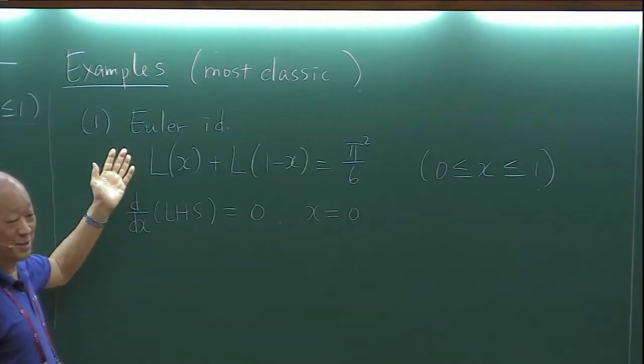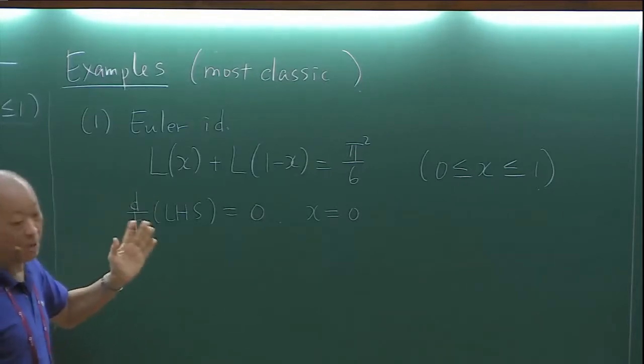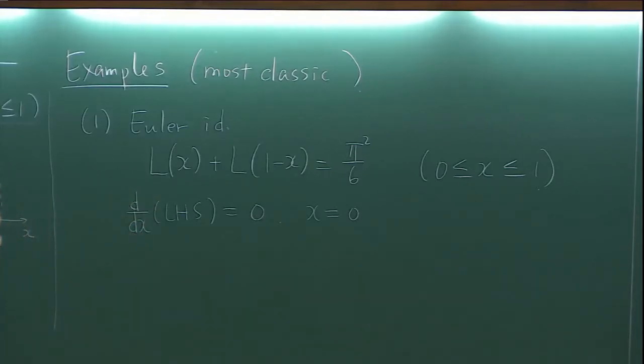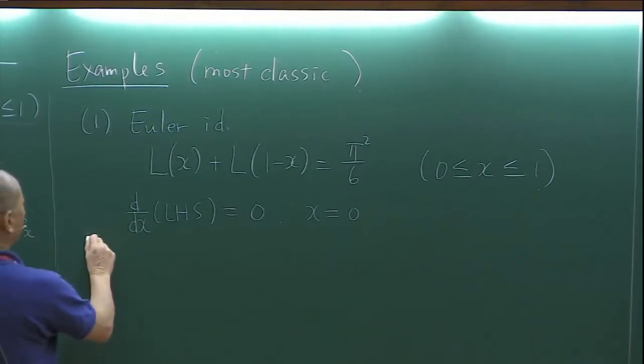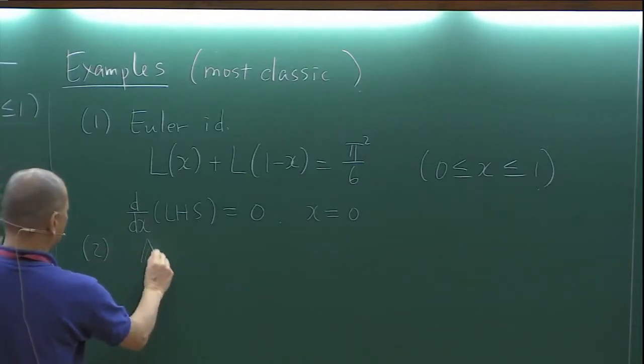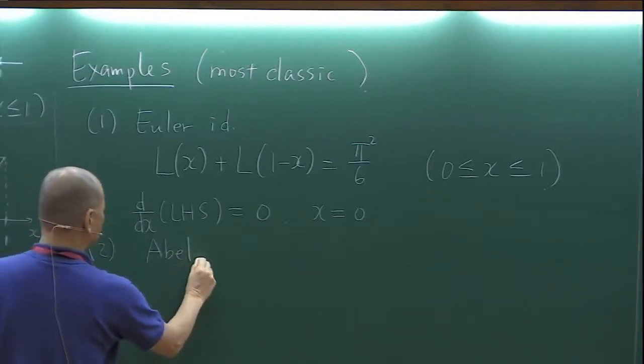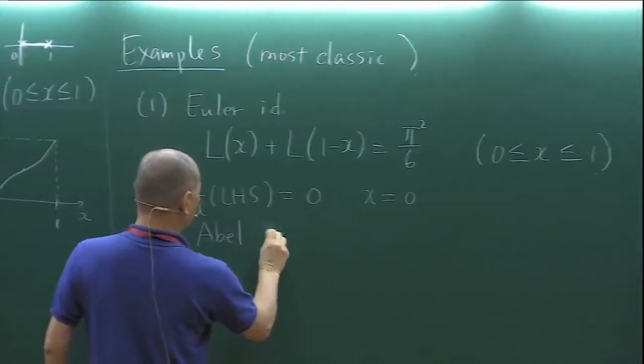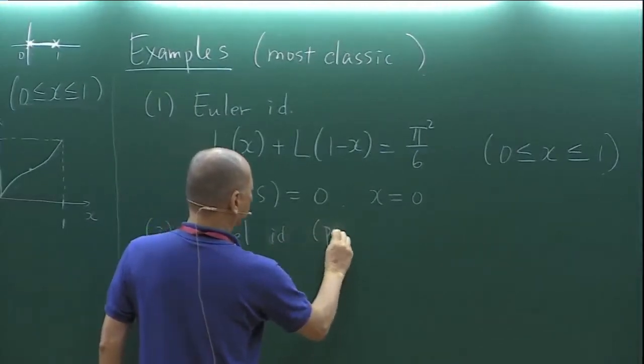But anyway, this was first discovered by Euler, who pointed out that this is an important functional relation. Okay. The second example is due to Abel, the Abel identity, also known as the pentagon identity.